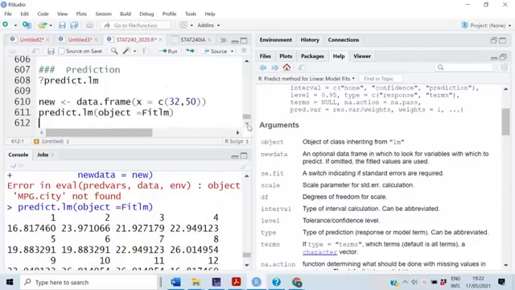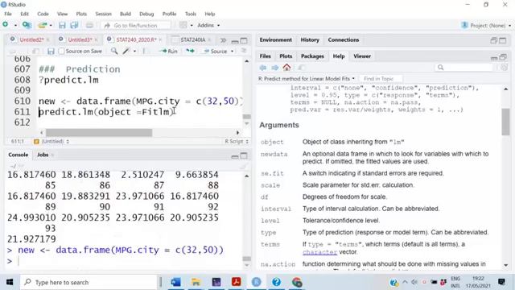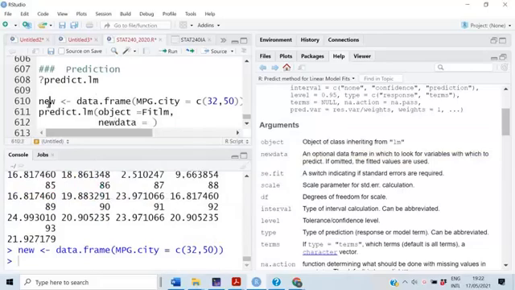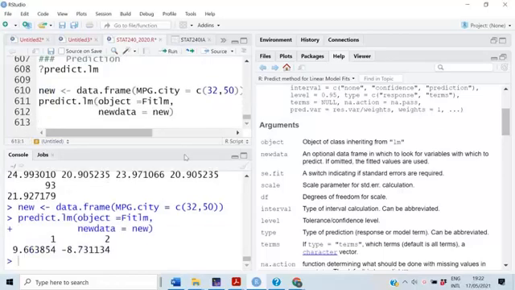Now, if I want, okay, so new data, not x, but mpg.city. There. And then now I say newdata is equal to new. There.